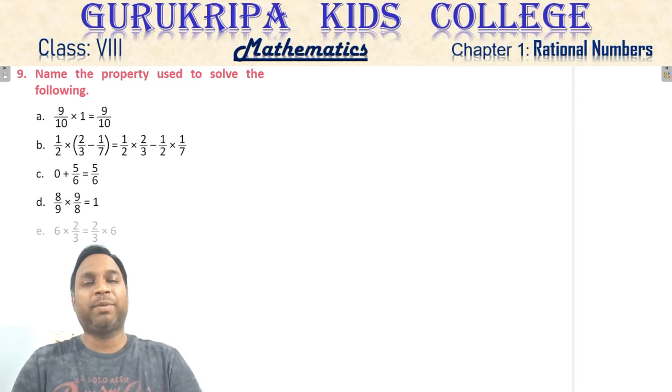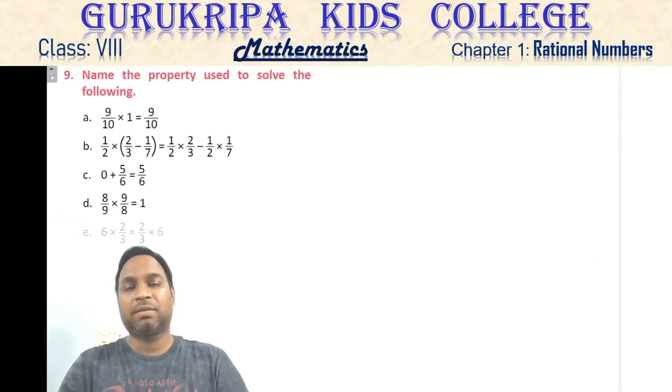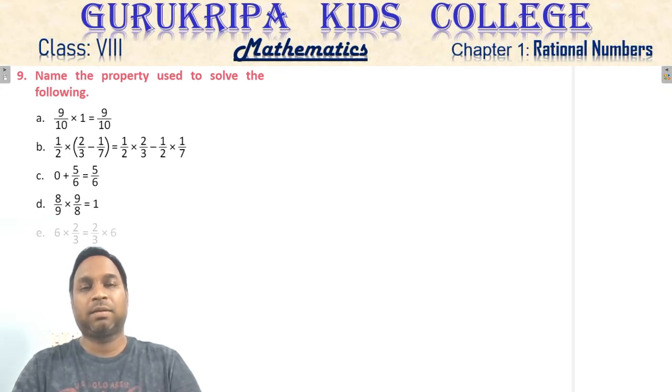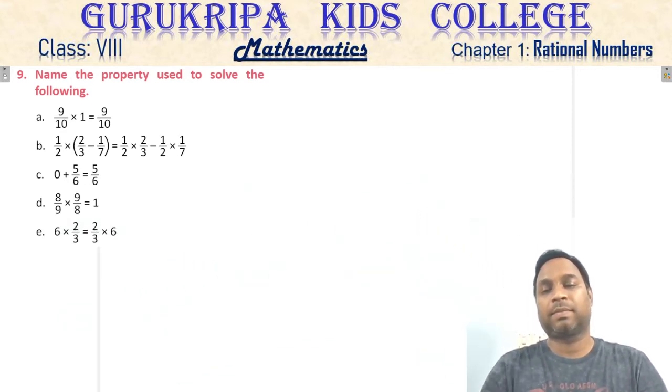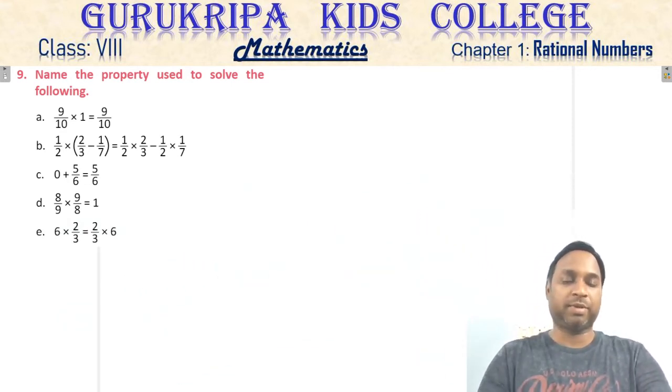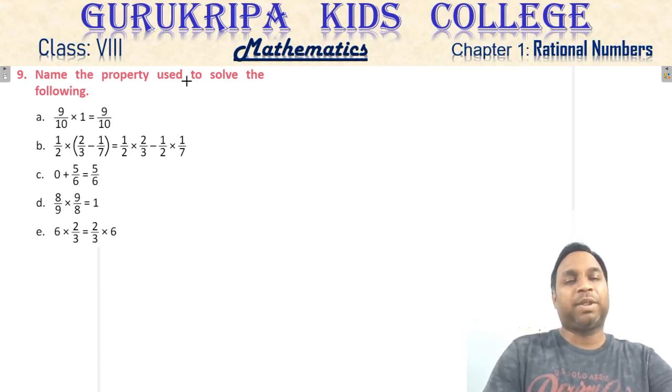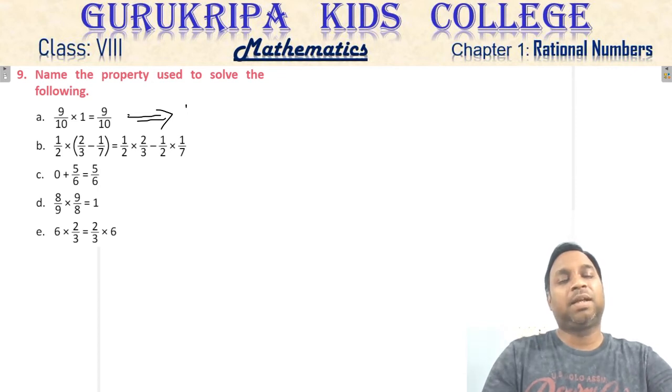Name the property used to solve the following. Okay, the question is not visible. Yes, it's okay now. Name the property used to solve the following. What is this property?